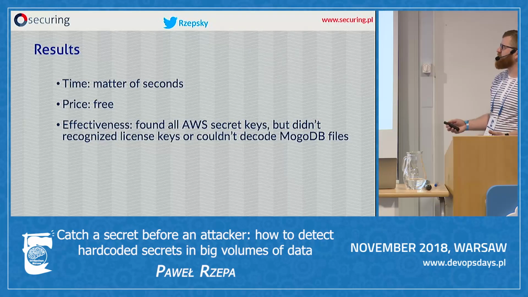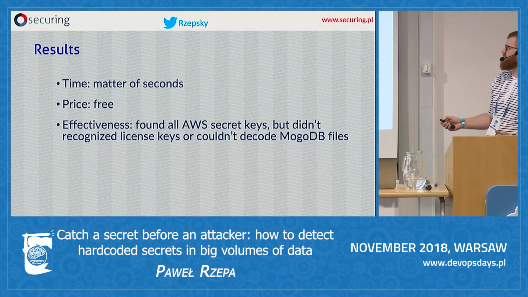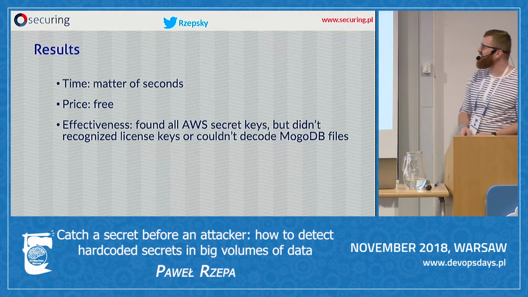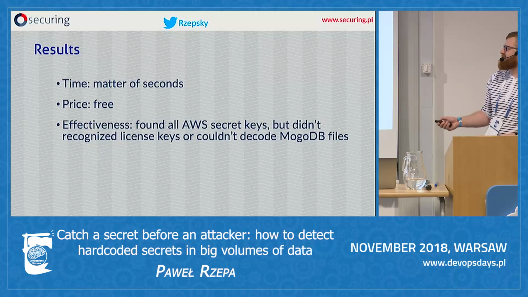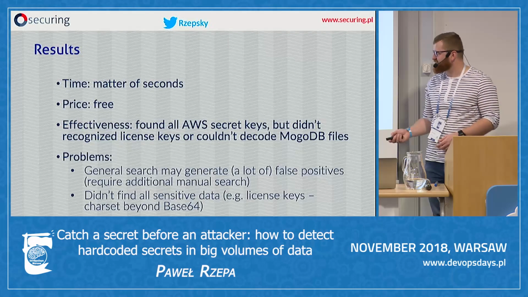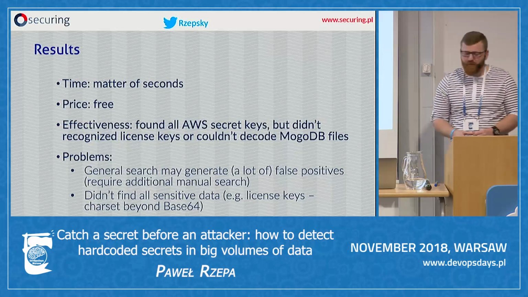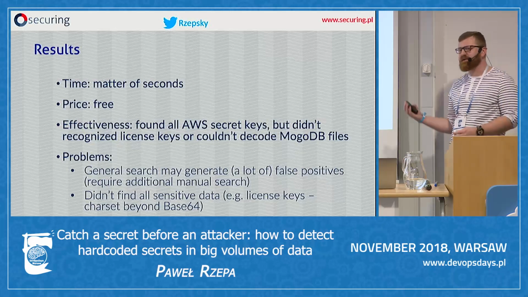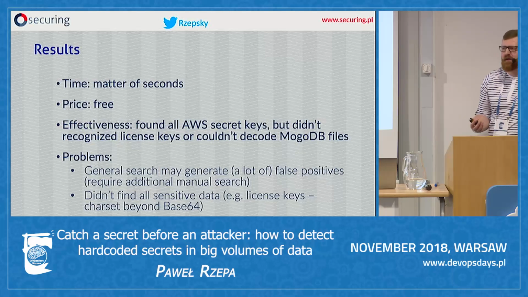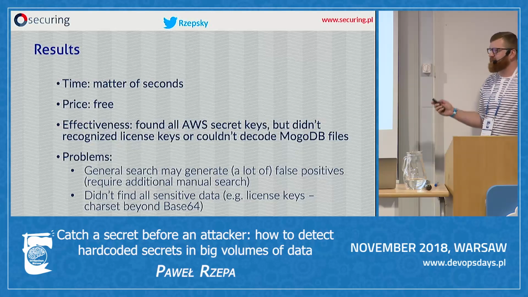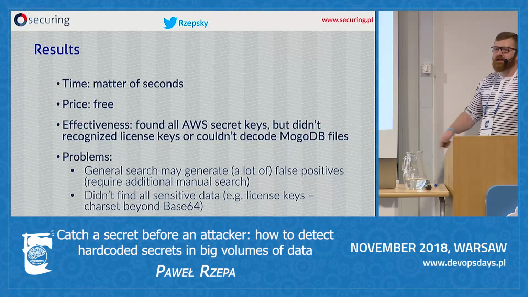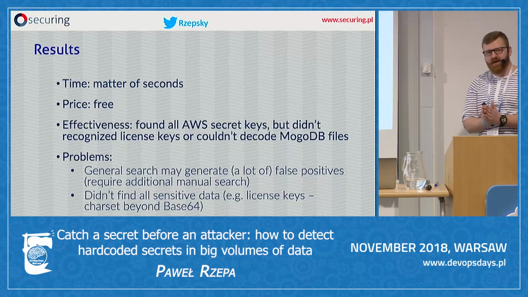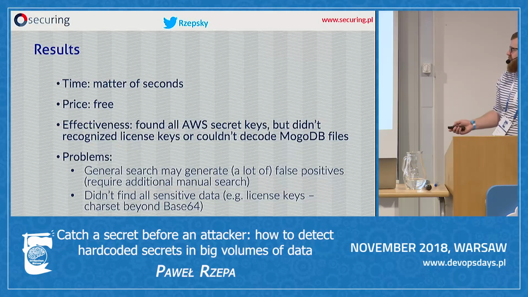It wasn't able to, for example, decode the MongoDB files, like the binary JSON, and it didn't recognize the license keys. If you run it on a very big amount of data, it may produce false positives, but then in each instance you can customize your searches more.